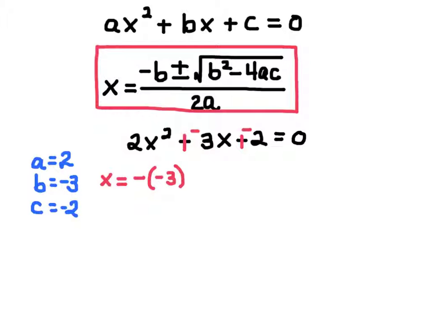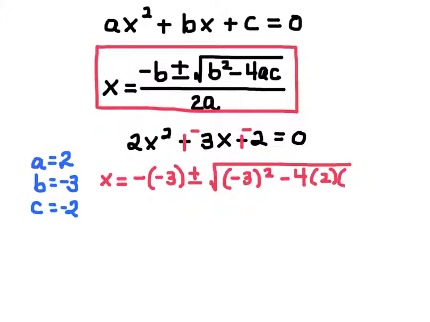And we say plus or minus the square root of b squared, that's negative 3 squared, minus 4 times a, which is 2, times c, which is negative 2. And this whole thing is over 2 times a, and a is 2.